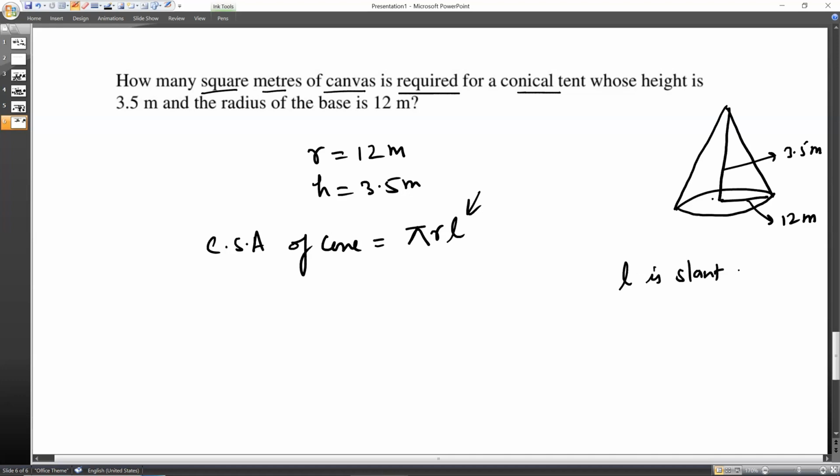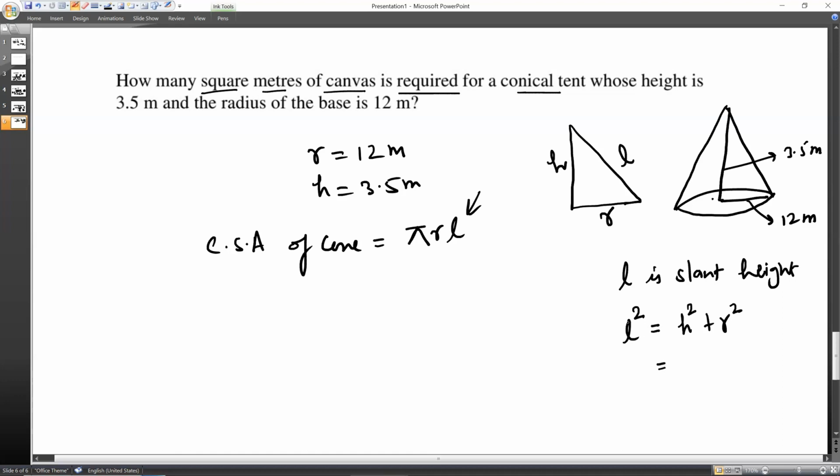And how can you calculate the slant height? We can imagine that this is a right angle triangle. Here it is the slant height, it is the height, and this is the radius. So the square of slant height is equal to h square plus r square. So we need to find out the value of L. I have to find the square of h.